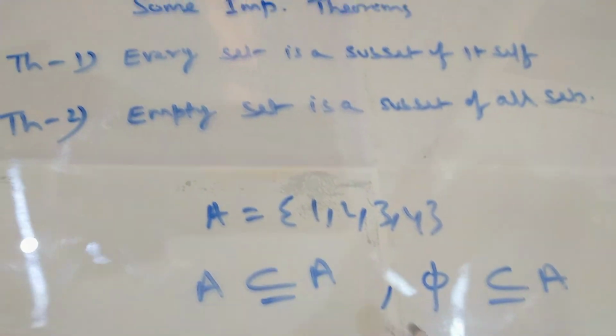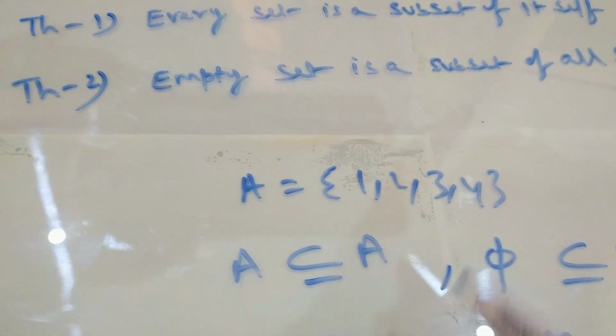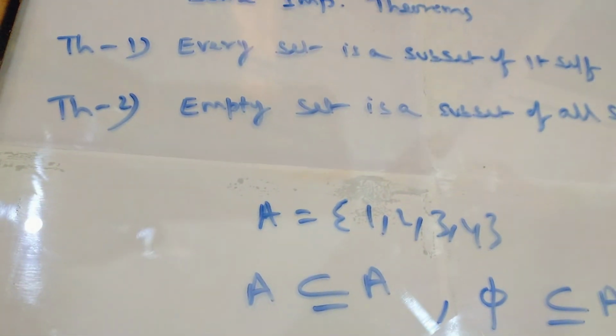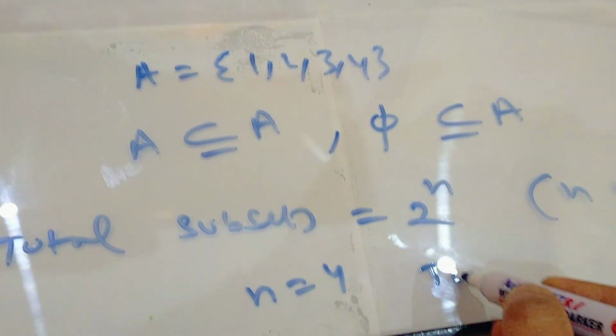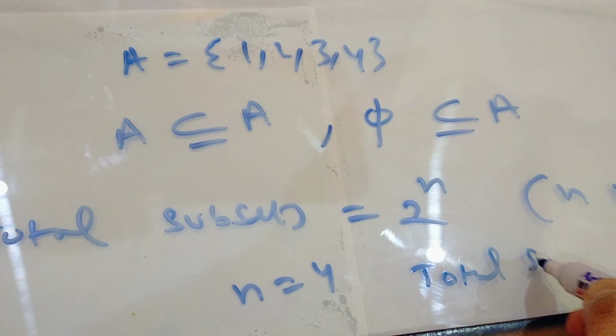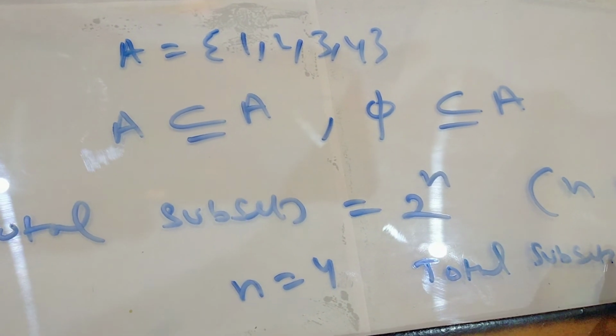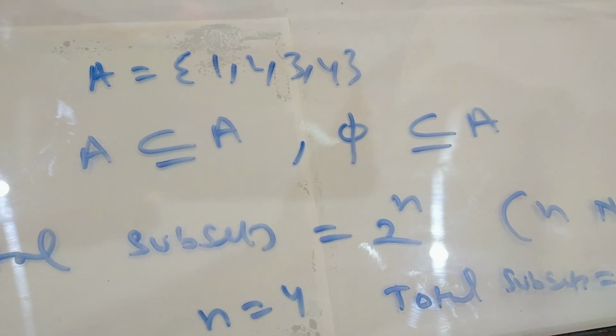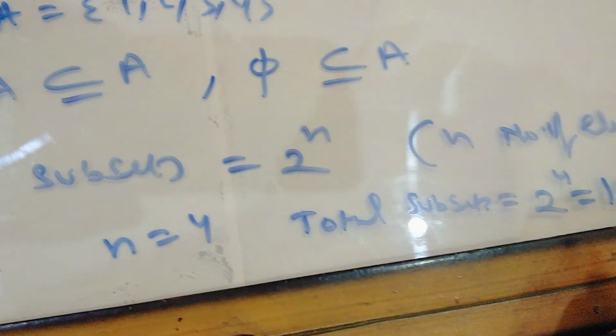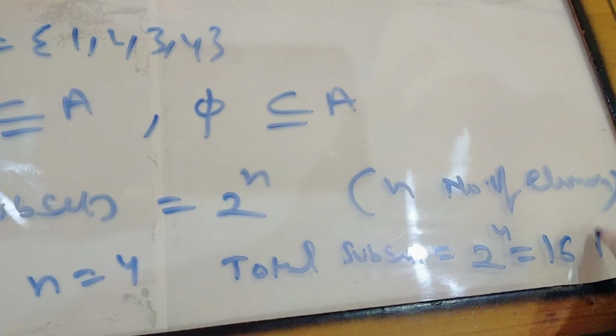So for this set, how many elements do we have? We have a total of 4 elements. So total subsets is equal to 2 to the power 4. So it is 16. So the total number of subsets will be 16.